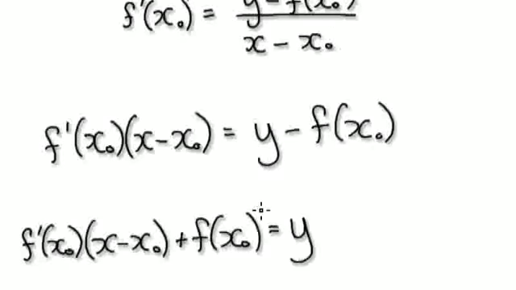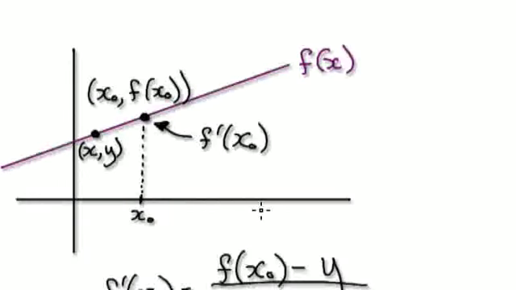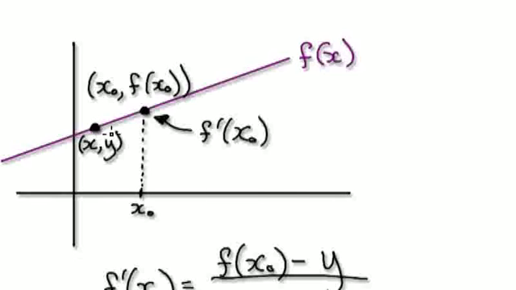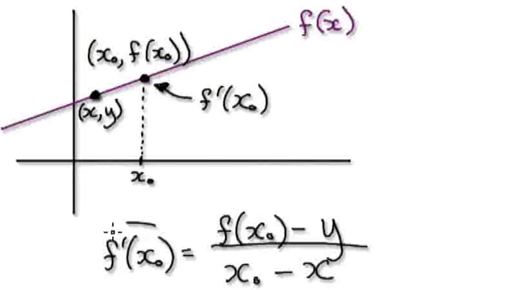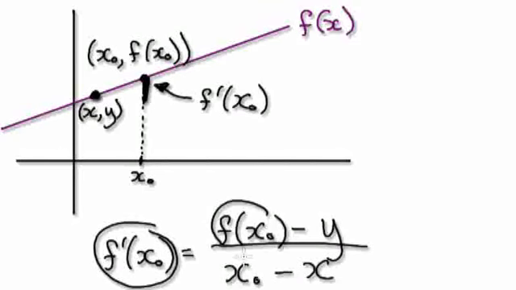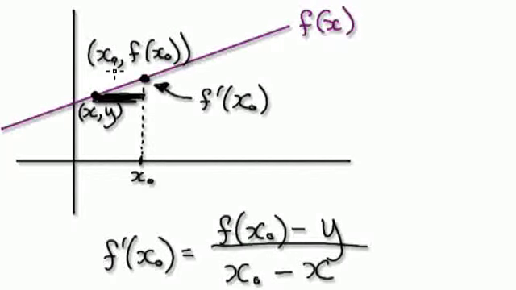By the way, it doesn't matter if you set up your point over on this side. The height is given by this point take away this point, divided by the across, which would be this take away x.